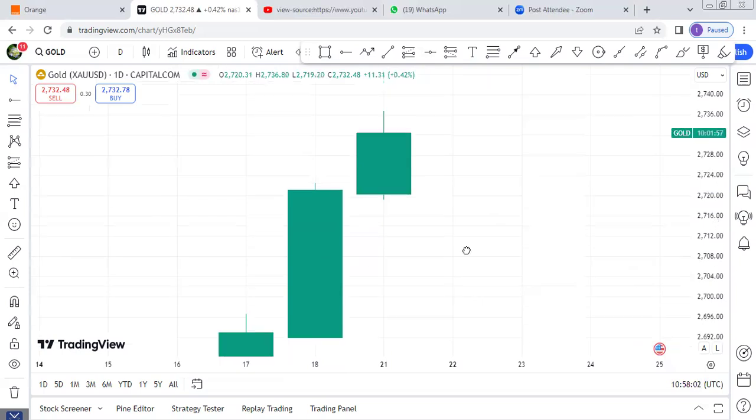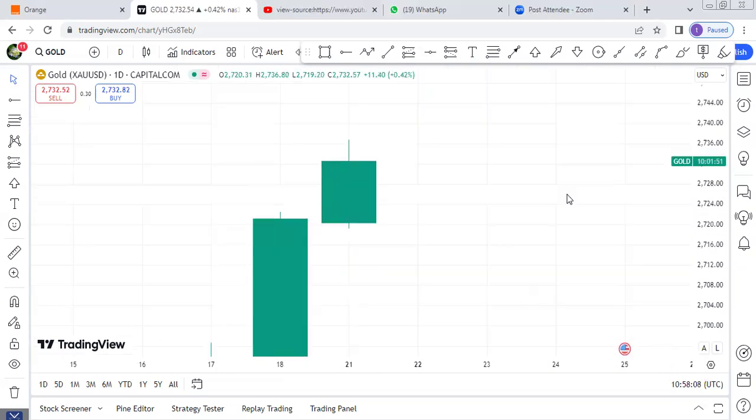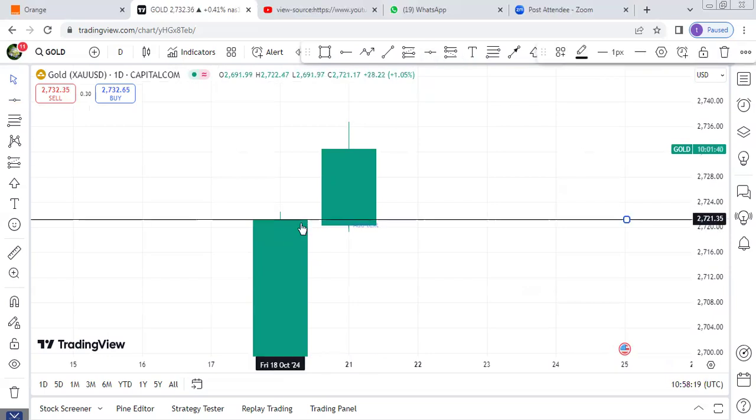2024, the market closed above the previous candle, which is it closed above the premium. So now we've seen this candle here, it closed above there, and this one opened below the closing of this candle. Now, what do I mean? Let's look at these candles here. You can see that this candle opened below the opening of this candle, which means that there was a break of structure here.